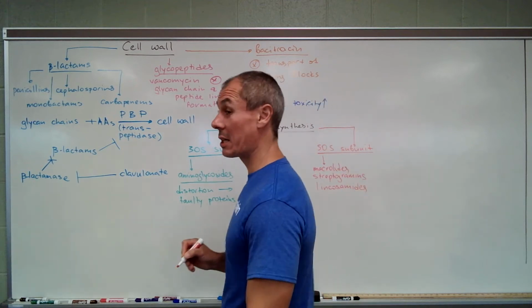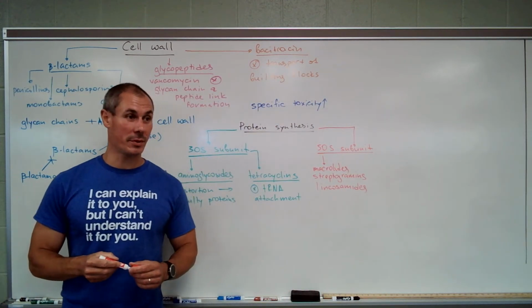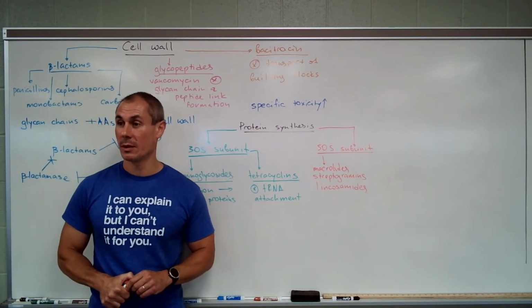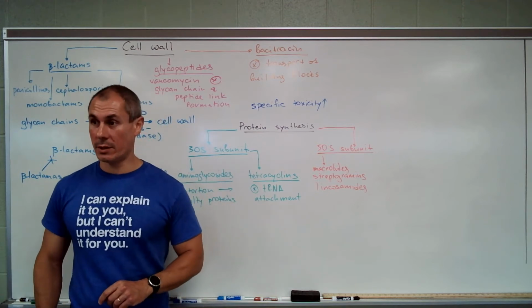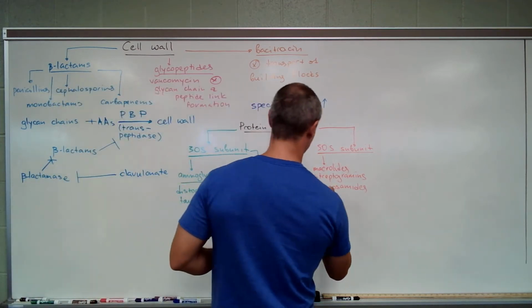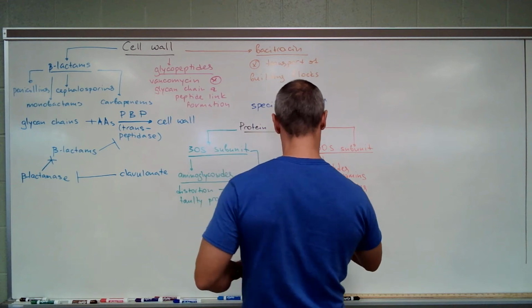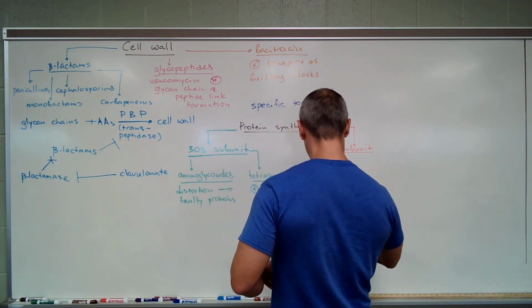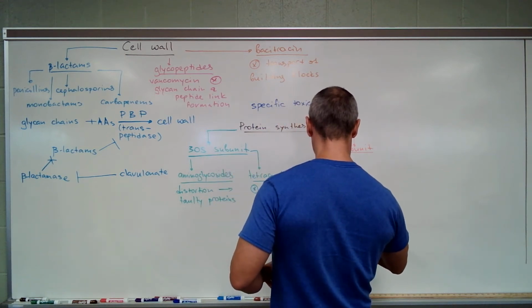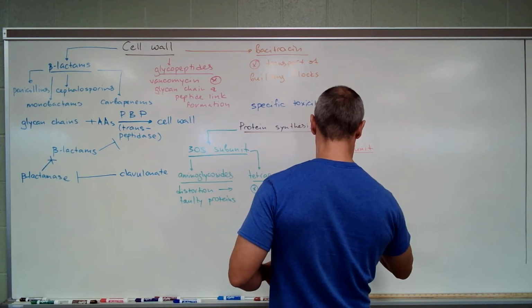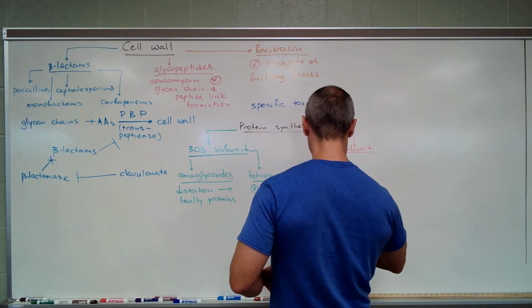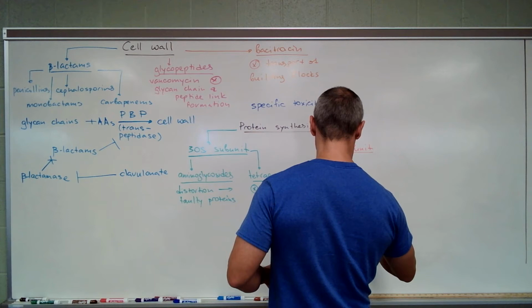It's kind of my test for Alzheimer's that I still remember those. Okay? Now, what do these guys do? They inhibit the polypeptide chain release. I'm going to expand on this.